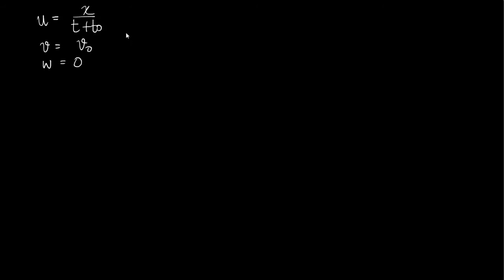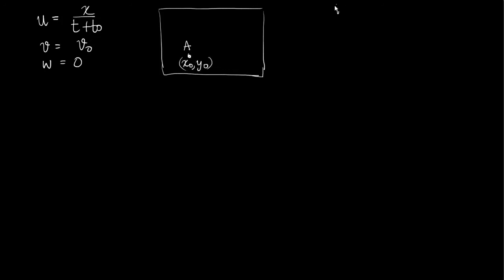That is, it's a two-dimensional flow where t naught and v naught are constants. A colored dye is injected. Let me just draw a schematic. It is a two-dimensional flow, and a colored dye is injected at a point A which has coordinates x naught and y naught.